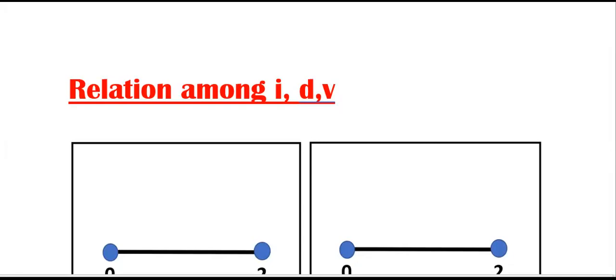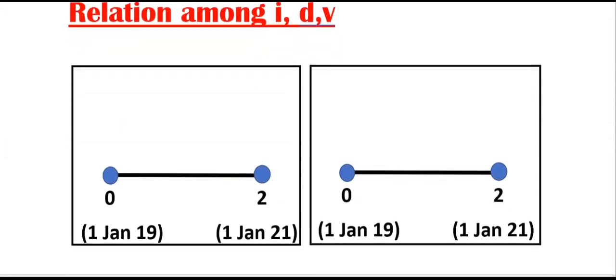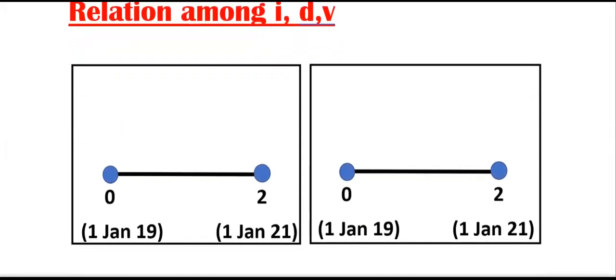It's straightforward. You have to see whether you are finding present value or future value. If you want to find the future value of A, you have to write A multiplied by (1+i)^2. We will not worry about d.